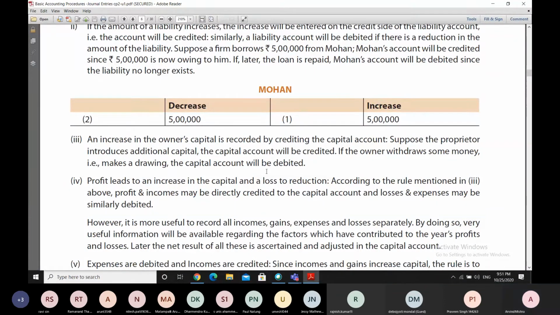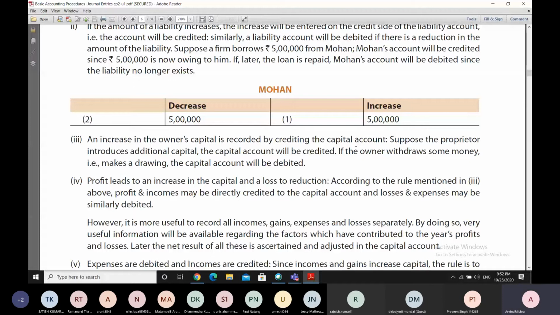Similarly, whenever there is an increase in owner's capital, we credit the capital account. In that sense, the capital account and the liability account are fashioned in a similar manner, and the asset accounts are fashioned in the opposite manner to capital and liability.